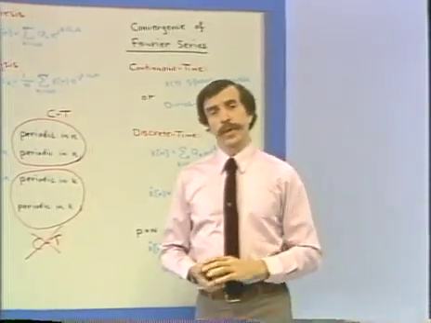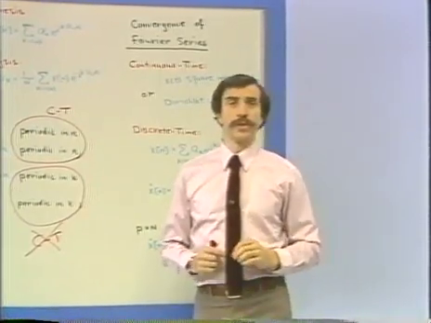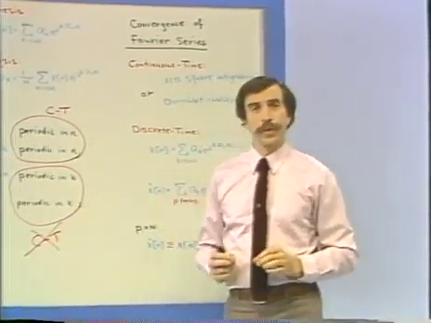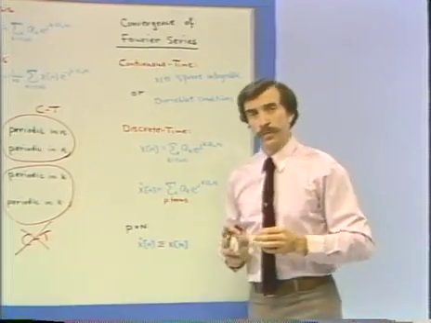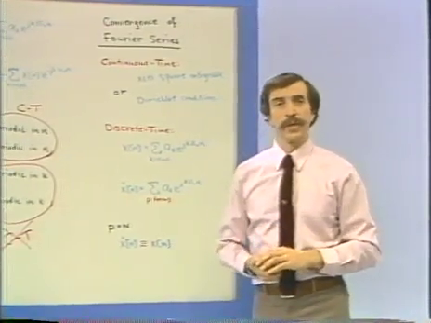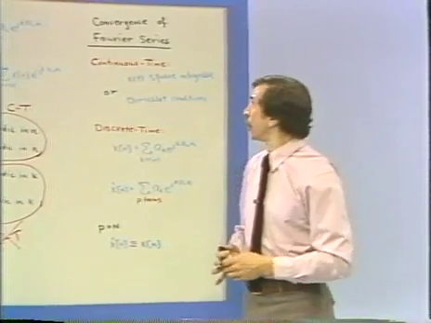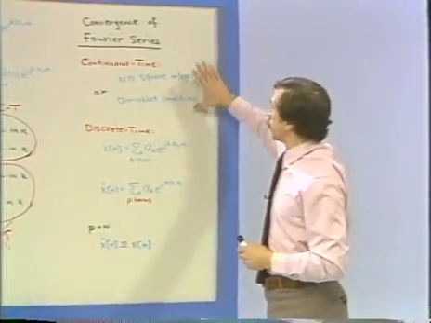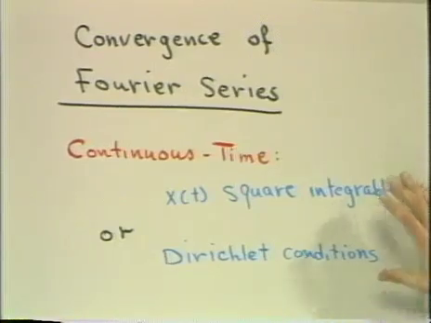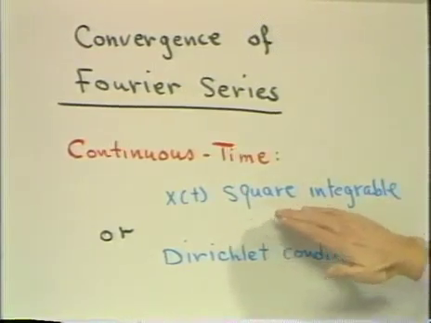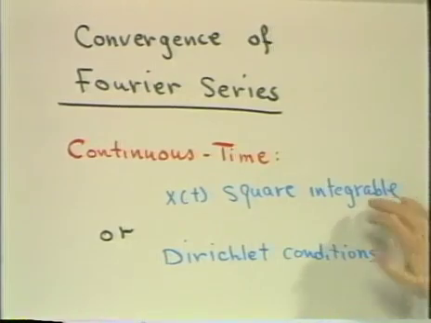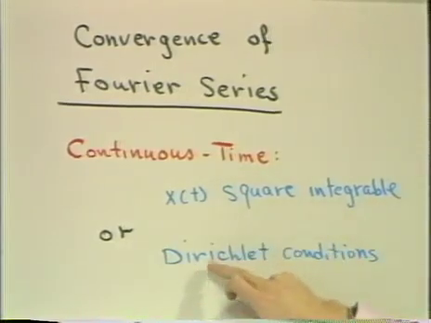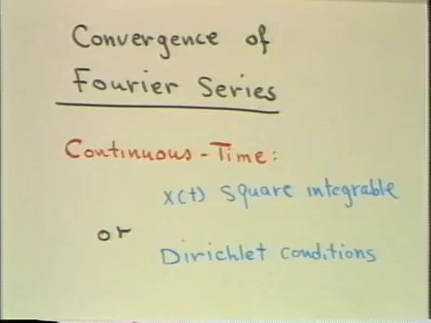Now, just quickly, let me draw your attention to the issue of convergence and when a sequence can and can't be represented. Recall that in the continuous time case, we focused on convergence in the context either of conditions which I referred to as square integrability, or another set of conditions which were the Dirichlet conditions.